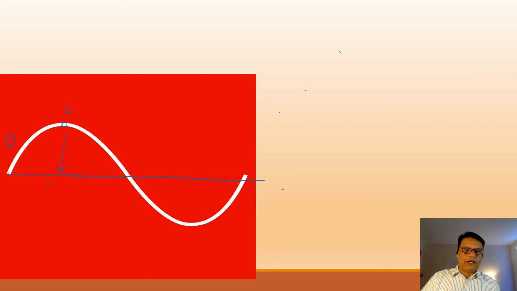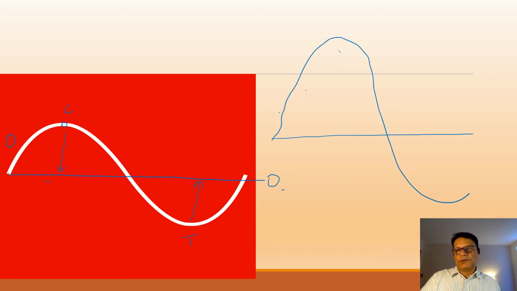This is your zero line, or the distance between the highest point of the trough from the zero line. When amplitude is increased, it's a large amplitude. This is called positive amplitude, and this is called negative amplitude.